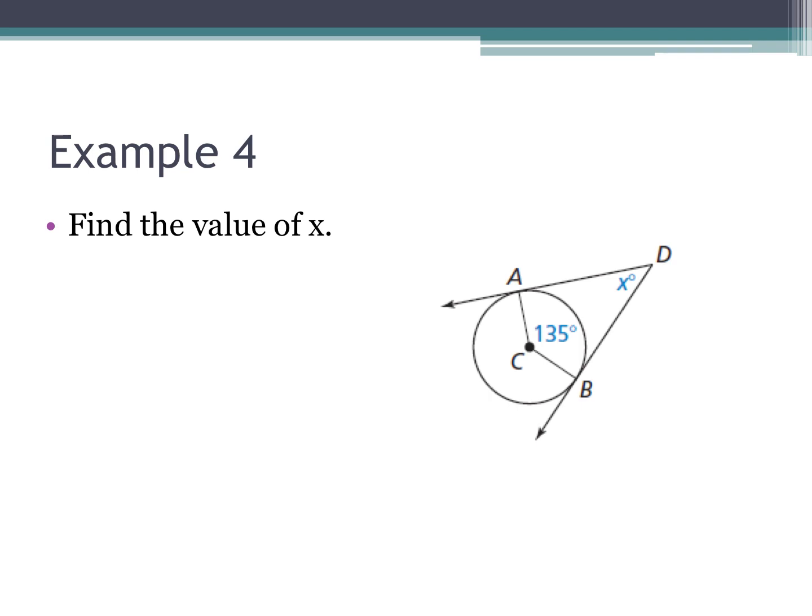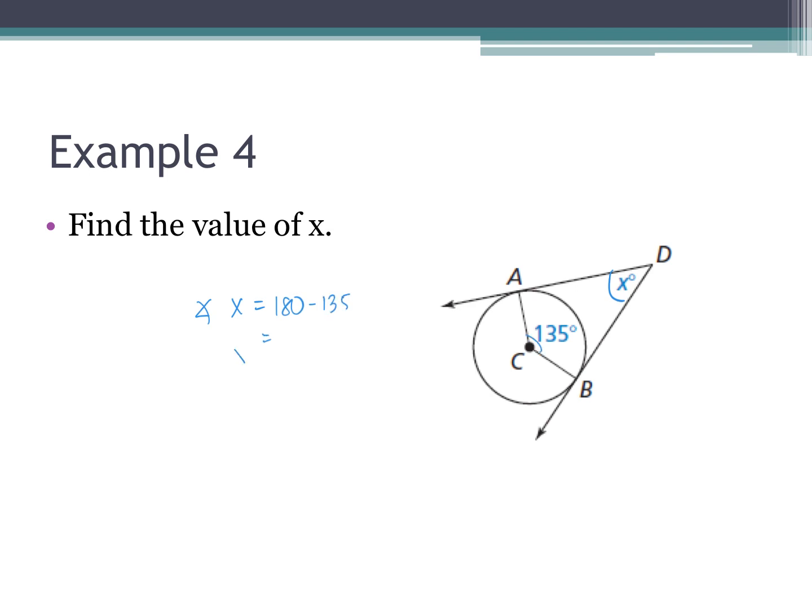And last but not least, find the value of x. So again, notice that this angle is circumscribed, right? It's around the circle. It's the two tangent lines. And so this is that special scenario where we know that angle x is going to equal 180 minus the central angle of 135.